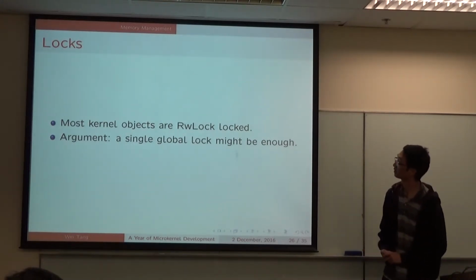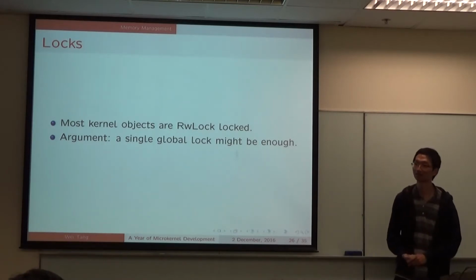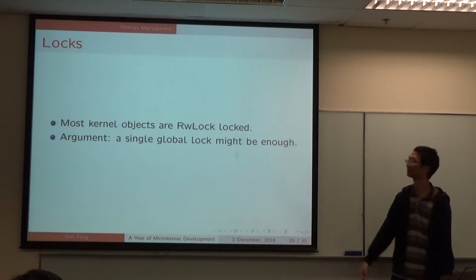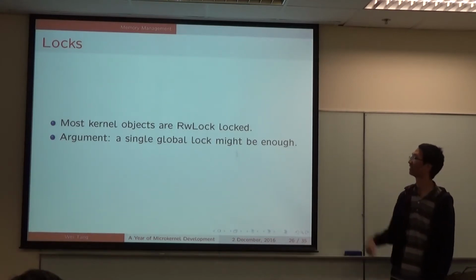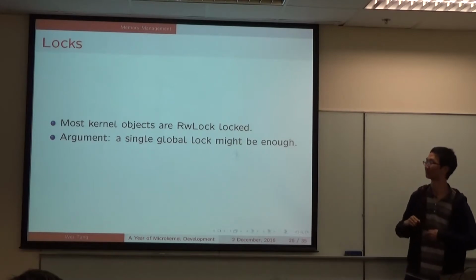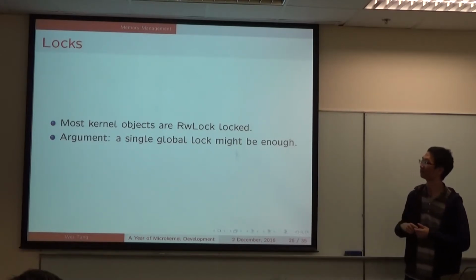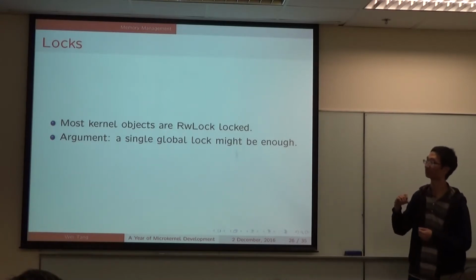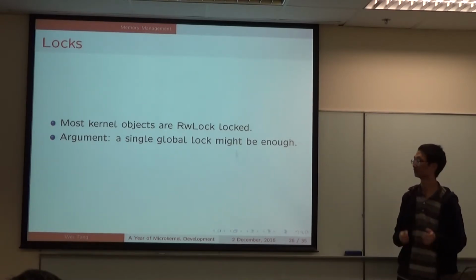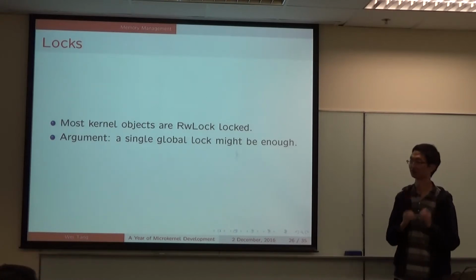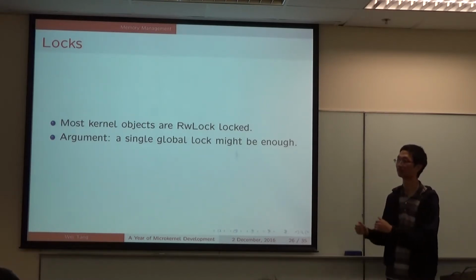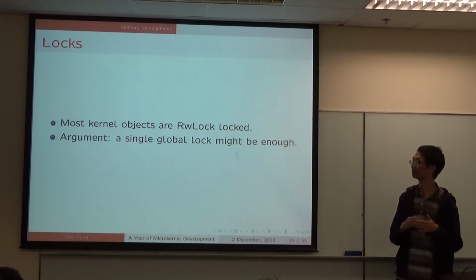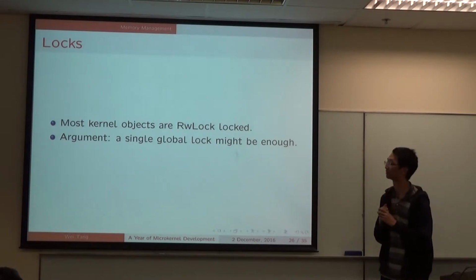For memory management, I have also implemented locks. This is for multiprocessor support. It isn't there yet, but I just use locks to make sure it will support that in the future. Most kernel objects are read-write locks, so you can have several different threads or processes reading the object, but only one process writing to it.